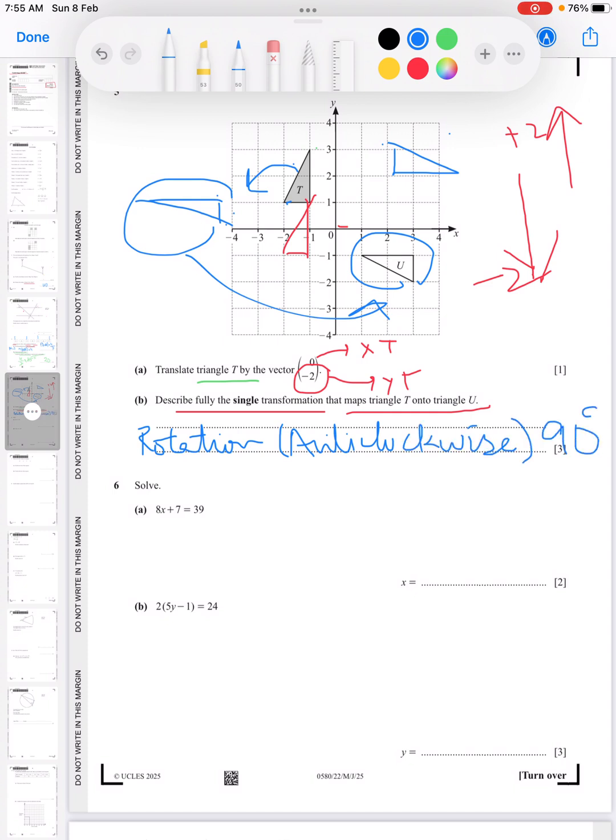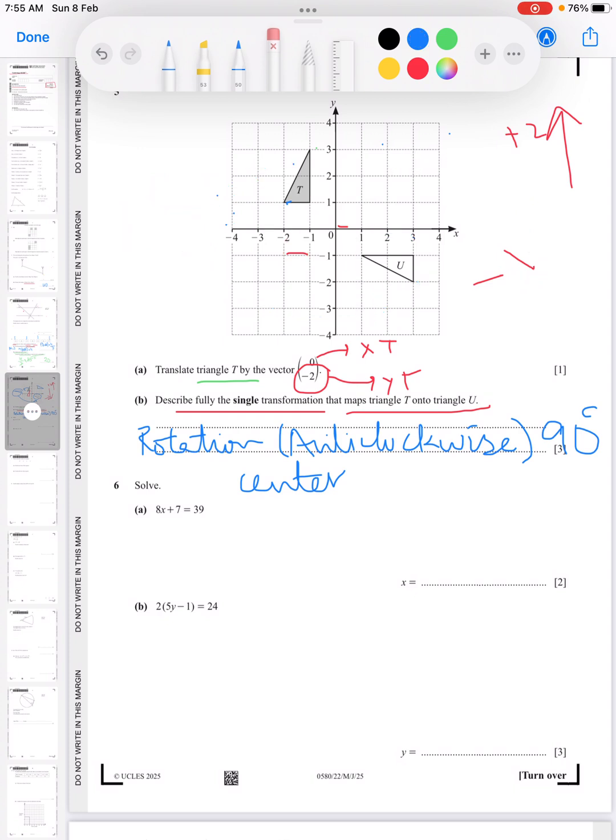And for the center, if you use tracing paper, you will see that at the center 2, 2 it will exactly fit onto U, right? So the center must be 2, 2.